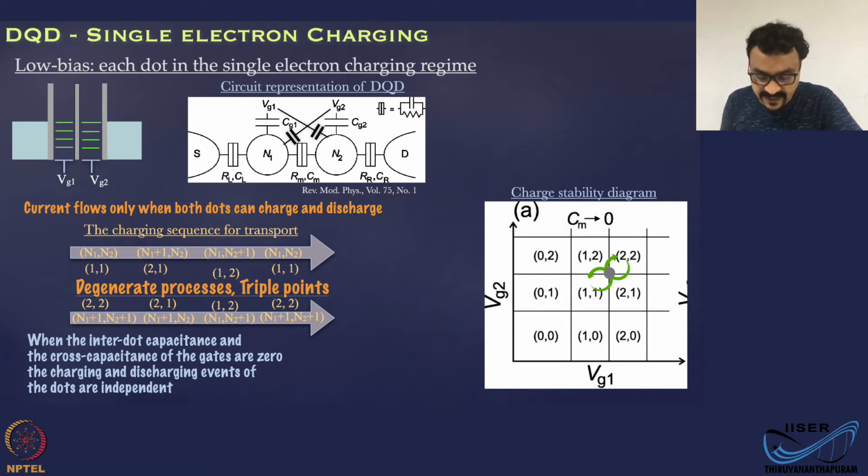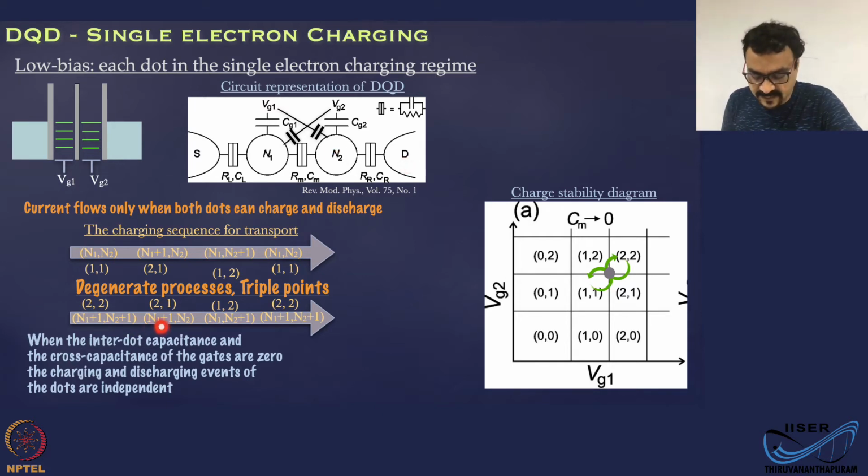There is another way, where you start with two extra electrons. Now the transport is actually blocked. We can start in this range. But now you can have this extra electron, n2 plus 1, that is here, going into the drain.